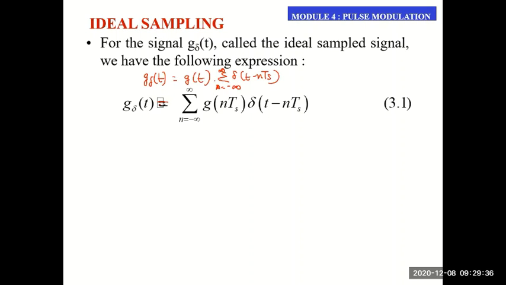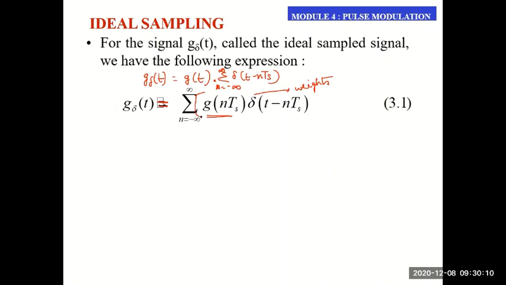Now we can represent this in a slightly different form by taking this product in this form. Here, g of t multiplied with this, we had left like this only. Here, what we are doing is taking this g of t inside the summation. So I will replace this t with nTs, and I'll say this g of nTs represents the weights or the amplitudes of each of these impulses.